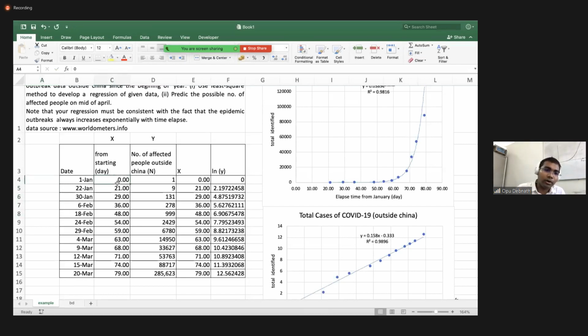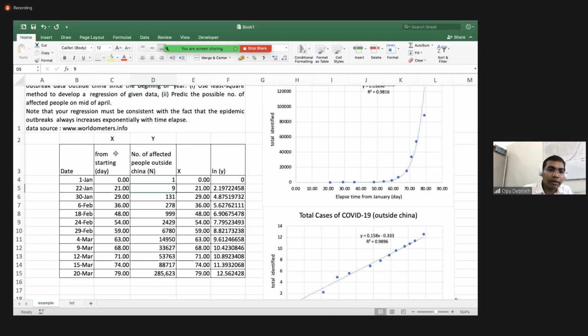First, you need to set your data in numerical form. Say if I consider January 1 is the first date of this problem, I consider it as 0. Thereafter, January 22 will be 21. January 30 will be 29. Consecutively, you can calculate the dates as days starting from 0.